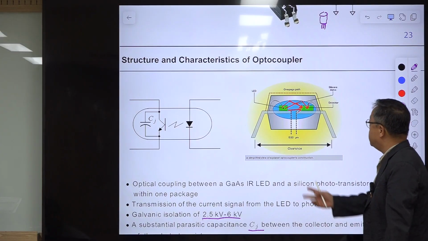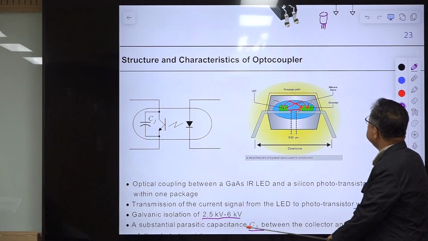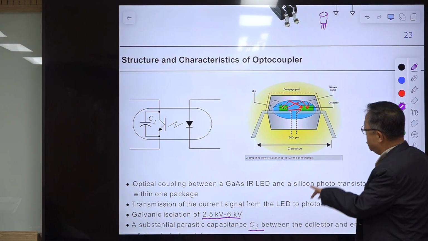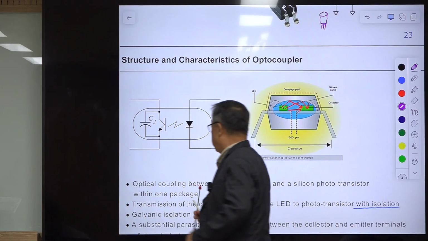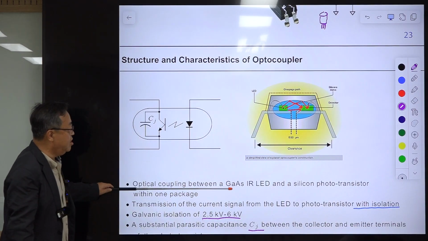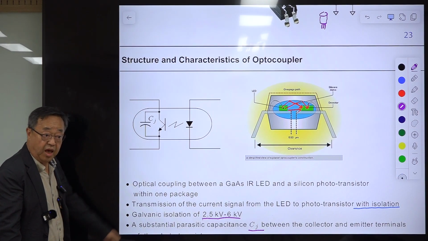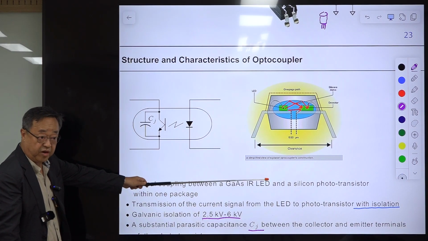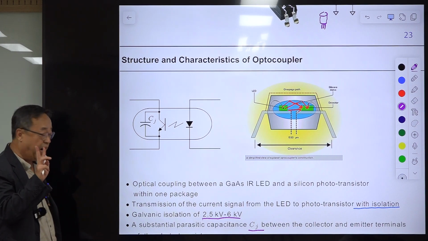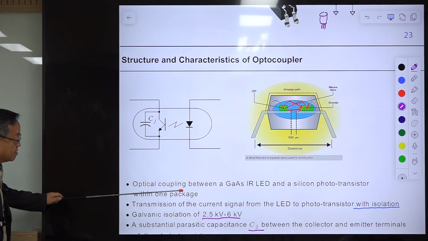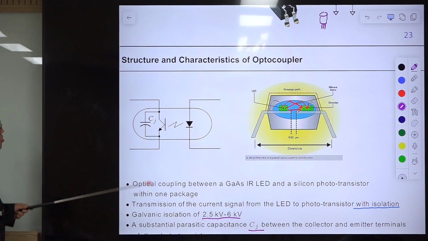Okay, and there is a distance, and this is a 4-terminal device. It is an optical coupling between a gallium arsenide infrared light emitting diode and a silicon-based phototransistor, two devices in one package. The transmission is not a current.